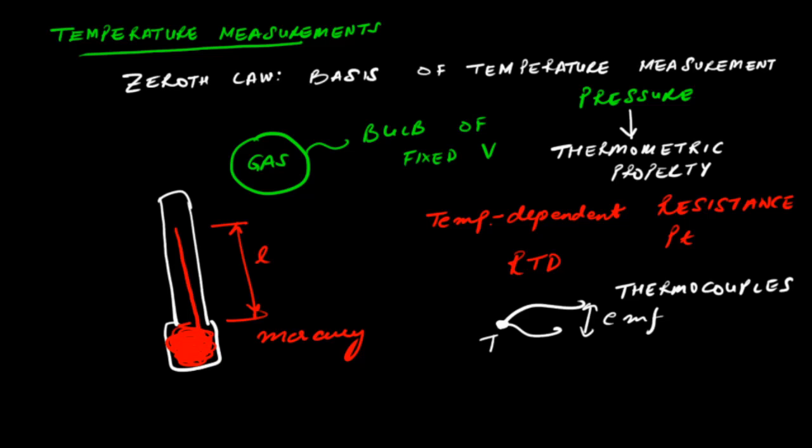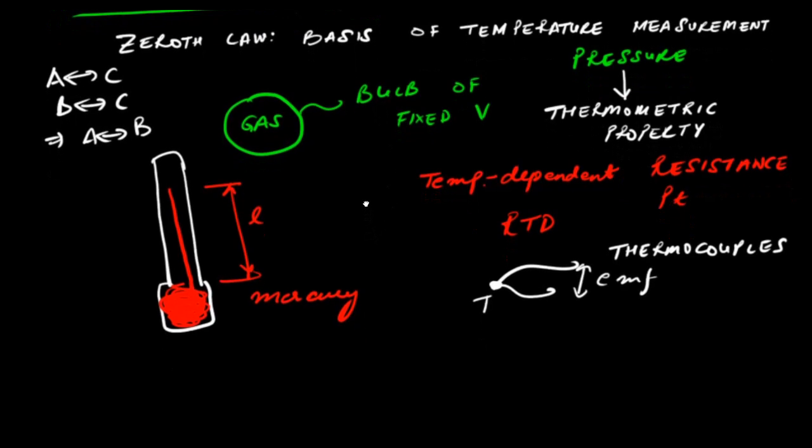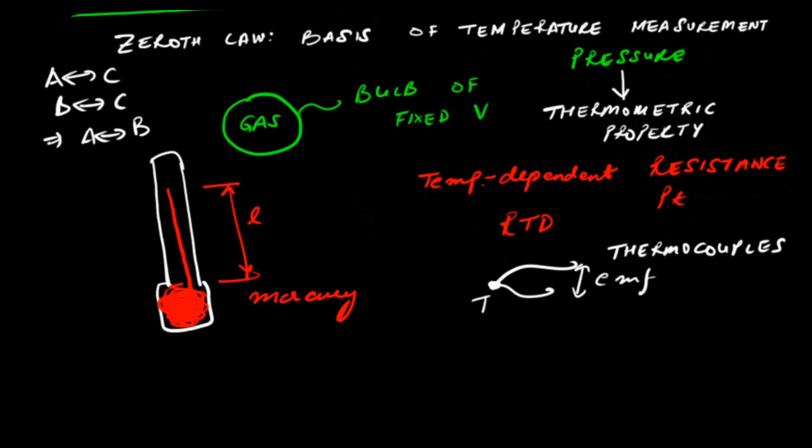So we've seen that Zeroth law says that if system A is in thermal equilibrium with C and B is in thermal equilibrium with C, that implies A is in thermal equilibrium with B. So imagine that you want to measure, for example, the temperature of water in an insulated flask.